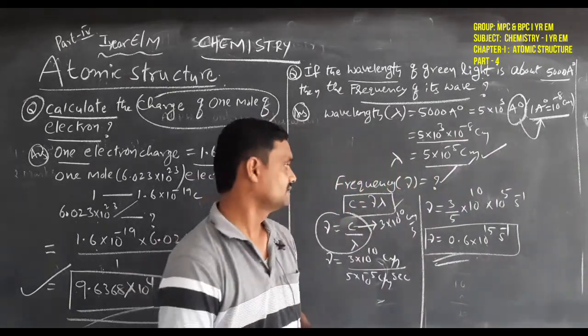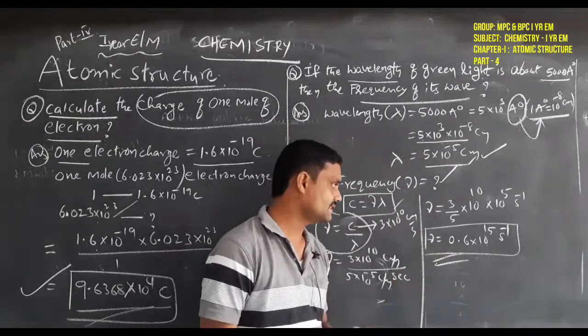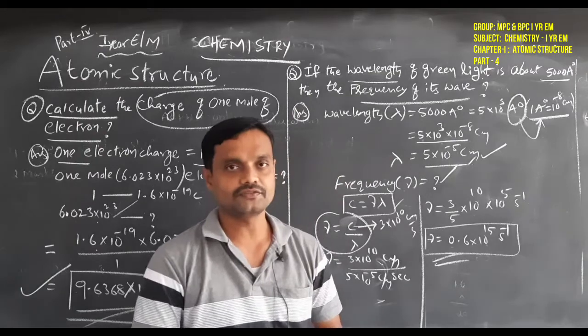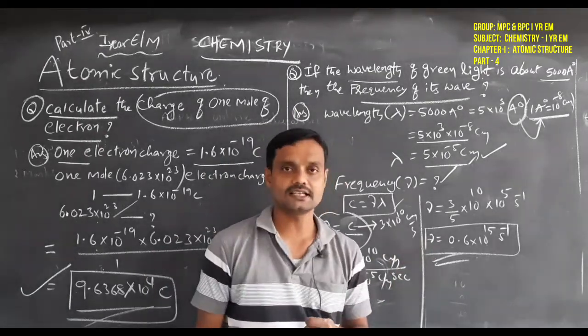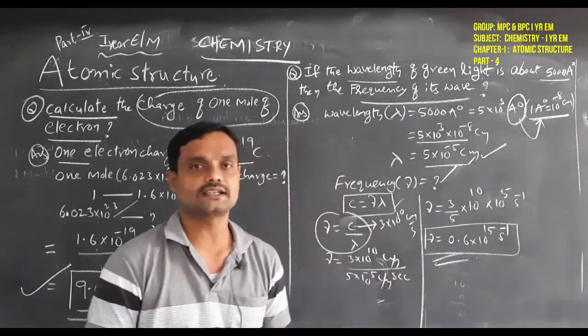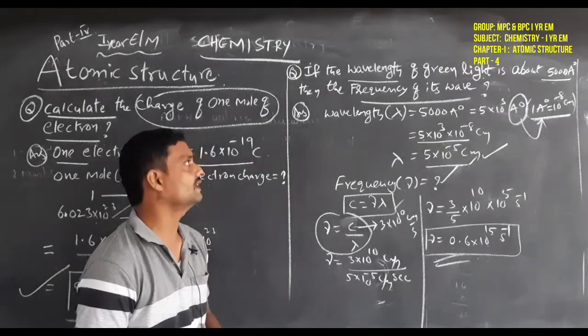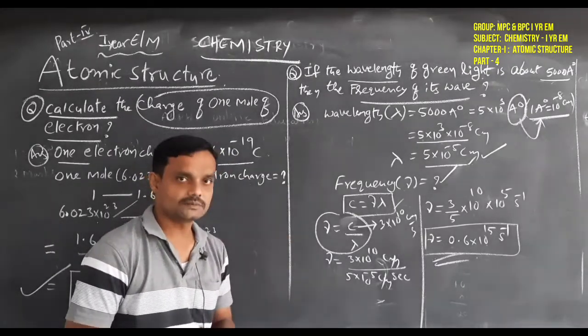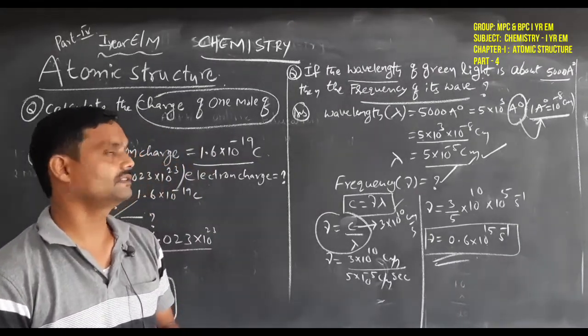So the frequency of green light is 0.6 into 10 power 15 second inverse. This is the method used to solve the given problem. So this is the solution.